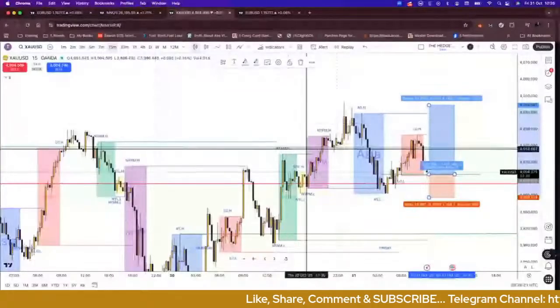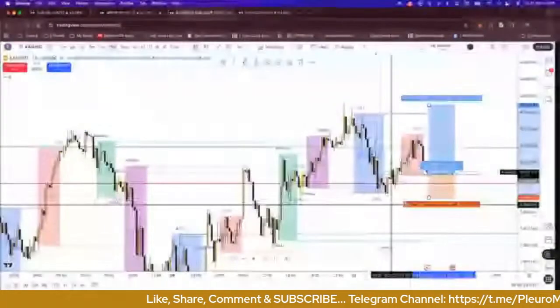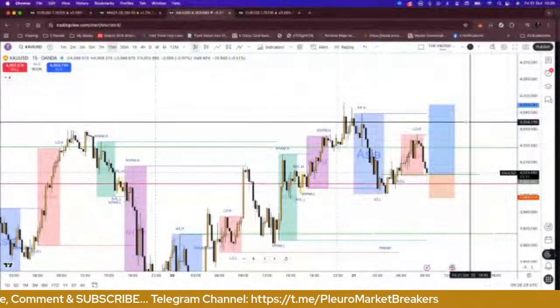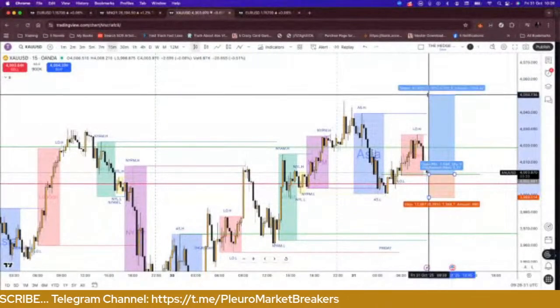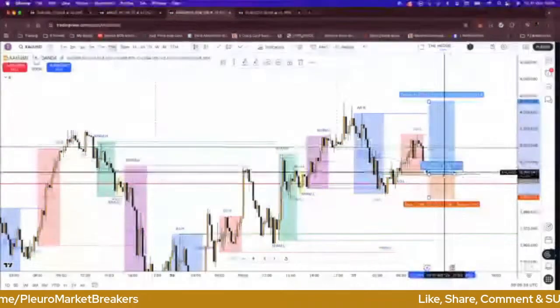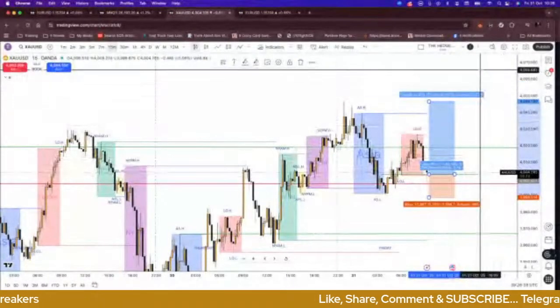Of course, this low could be swept. But this is an idea right here, right now. Literally just target that high. That's 3%.